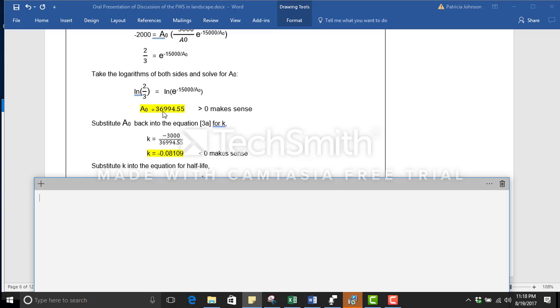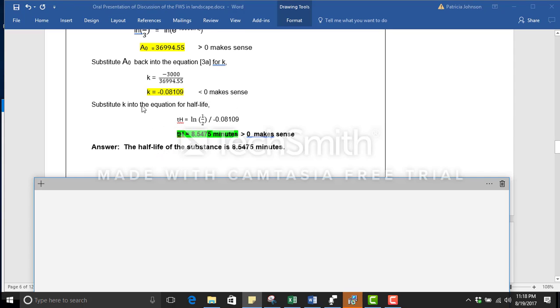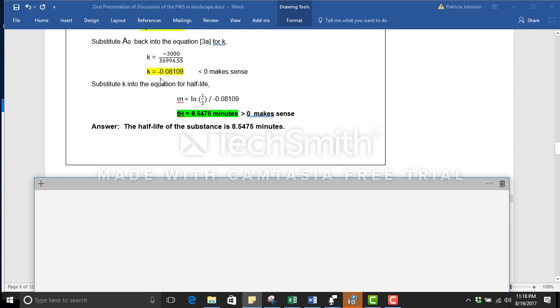A naught equals 36,994.55. This is greater than 0, which makes sense because it's a quantity. Substitute A naught back into our equation where K was expressed in terms of A naught, and we get minus 3,000 over 36,994.55 equals minus 0.08109.